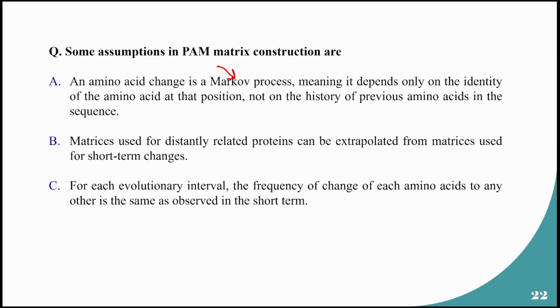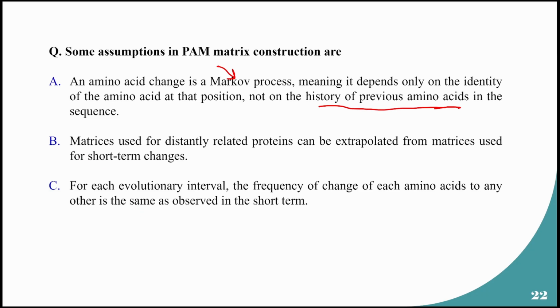In the Markov process, it does not count the history of the previous amino acids in the sequences. It only takes into account that this particular mutation is occurring and it is only dependent on sequence 1 when the mutation is starting as per our calculations. So that is one assumption: the history of the previous amino acids in that particular position is not taken into account.